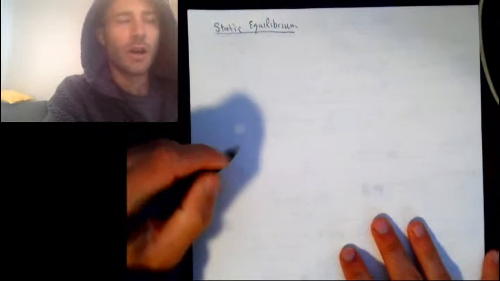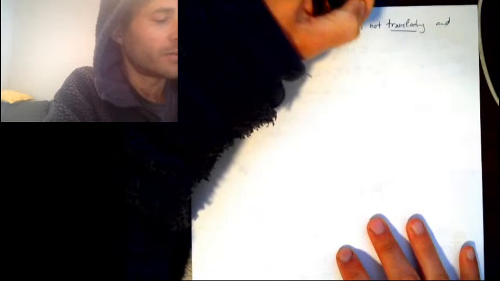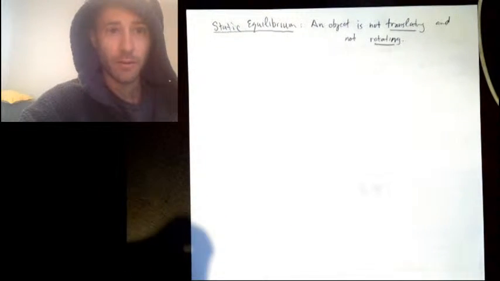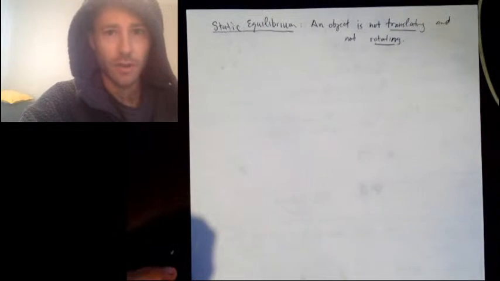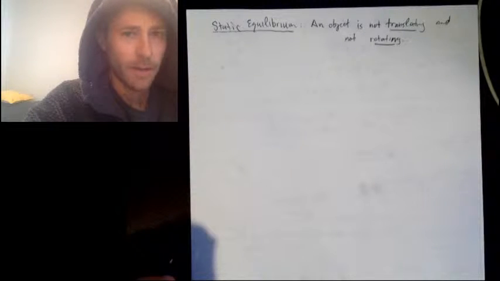Okay, so an object is in static equilibrium if the object is not translating and not rotating. So we don't have translation and we don't have rotation. It's not translating and it's not rotating.